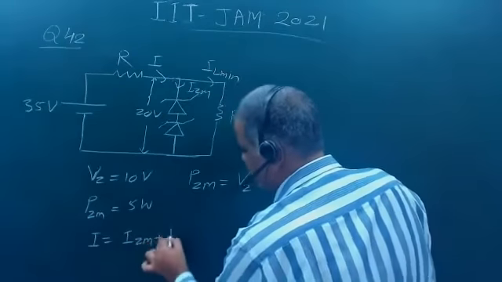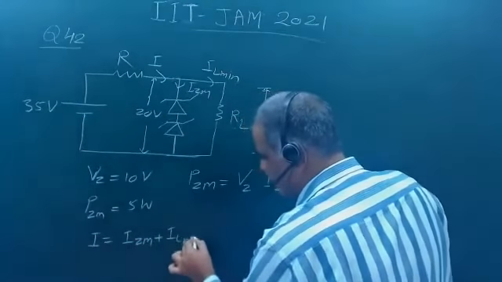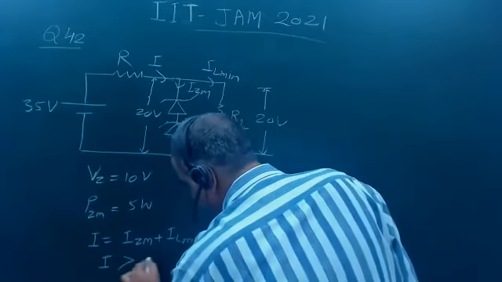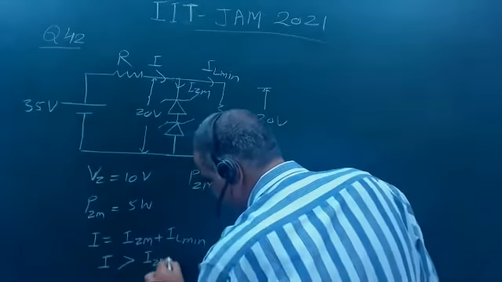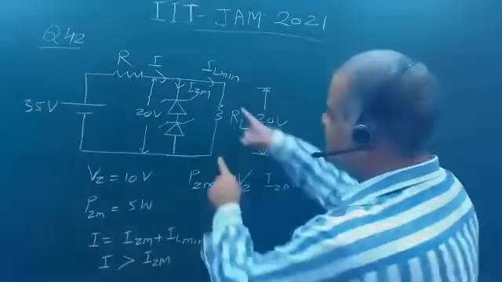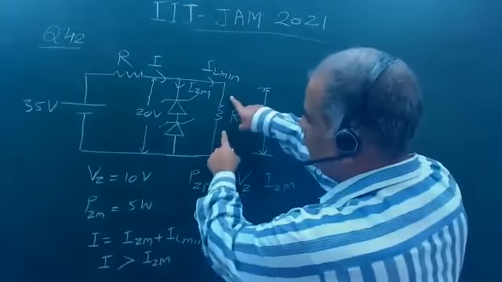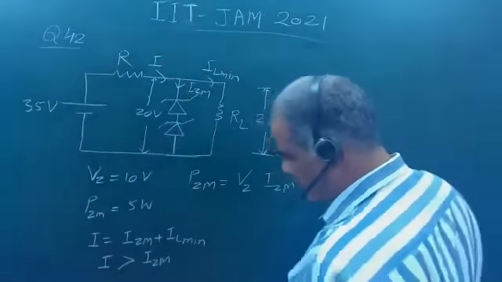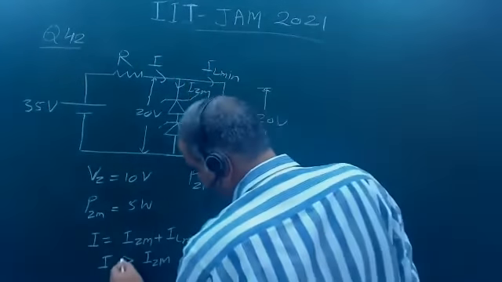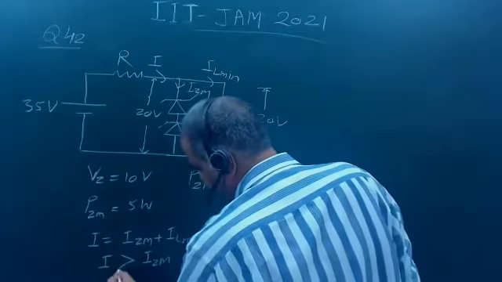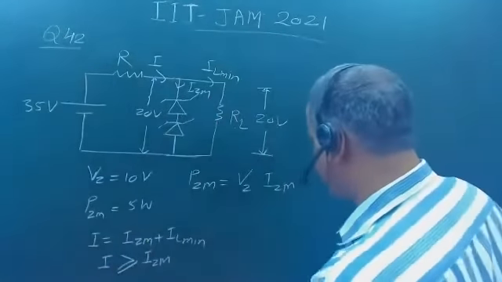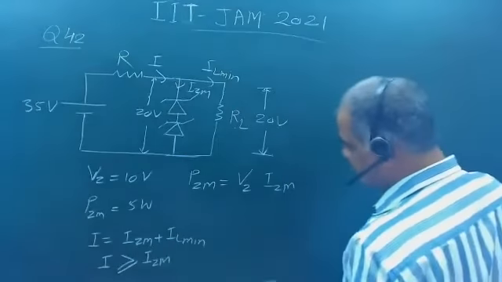That means my I is always greater than IZM. If I remove this load, then the whole current I will flow through these Zener diodes. So I can be greater than IZM, or at most equal to IZM. Now I can calculate the value of IZM.